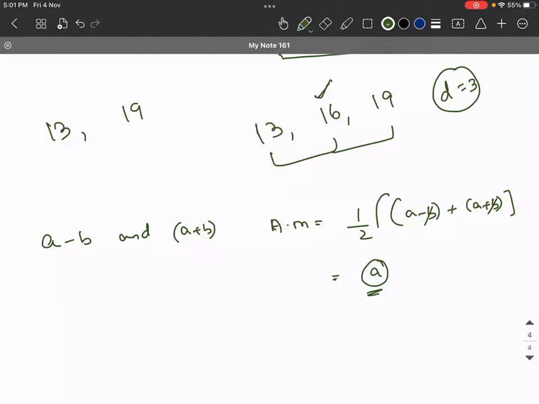Can you all try the 11th one and tell me the answer in 30 seconds? Direct formula. Read the question and give me the answer.